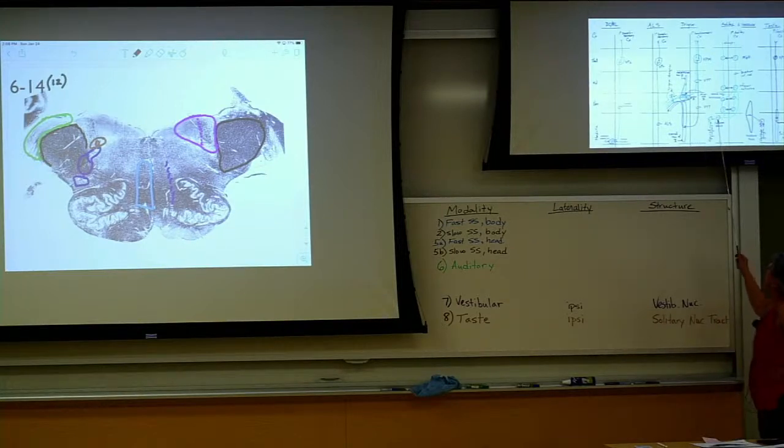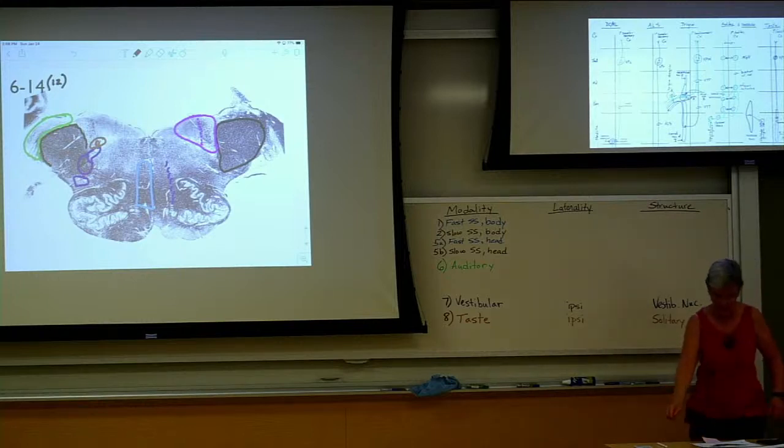A new one that we'll find for the auditory system is the cochlear nuclei. So this is going to be the first prethalamic relay nucleus in the auditory system. There are a bunch of prethalamic relays in the auditory system. And we'll find our vestibular nuclei again, as well as our solitary nucleus and tract for taste.